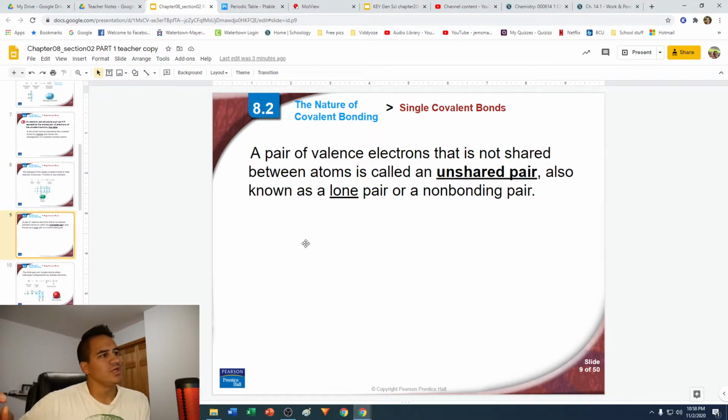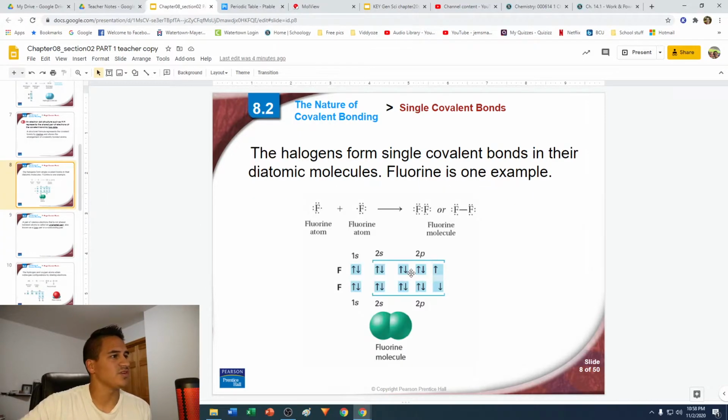Now we also will notice that we have electrons on the molecule that are not being shared between the atoms. They're unshared, or what we call lone pairs. These are non-bonding pairs of electrons. All these dots that are shown here on the fluorines that are not in between the 2 atoms are unshared pairs, or lone pairs, non-bonding pairs of electrons.